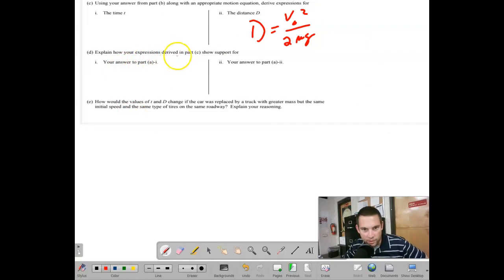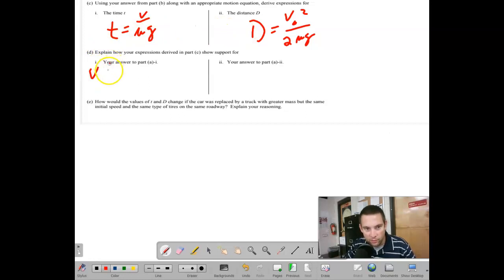Explain how the expressions we did up here, this was t equals v over mu g, just for reference. Let's see, so we have v in the numerator for both of these equations, right? What did part A say? Part A said t and d are longer, brakes take longer to stop the car, right? So if we increase velocity, we're increasing time. If we're increasing velocity, we're increasing distance because they're in the numerator.